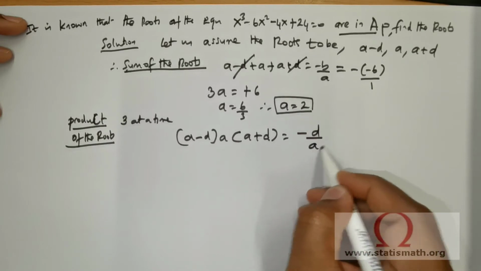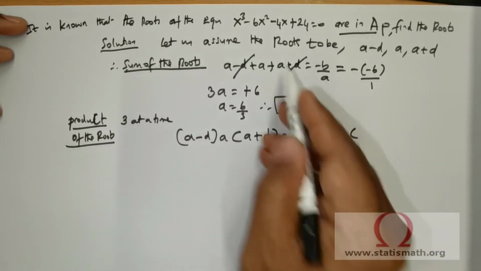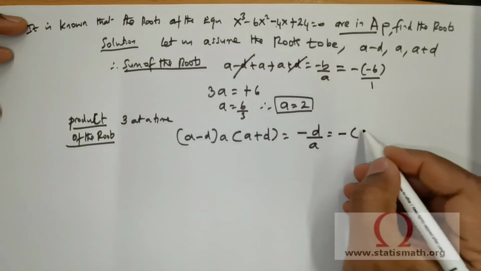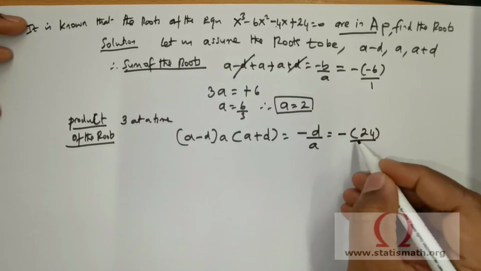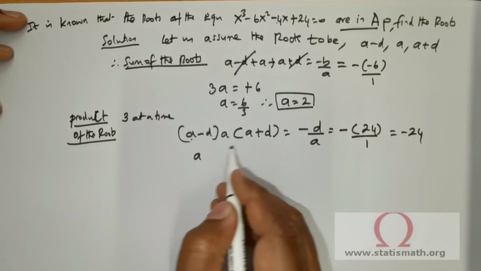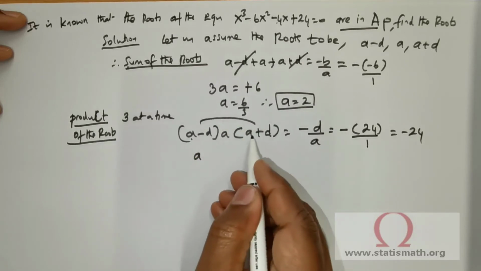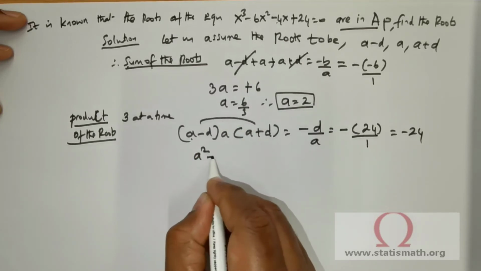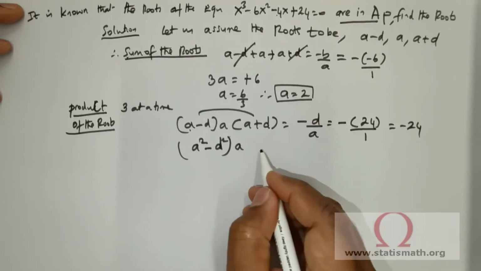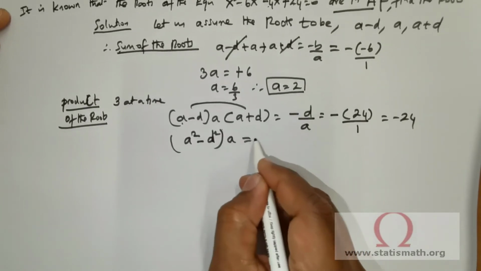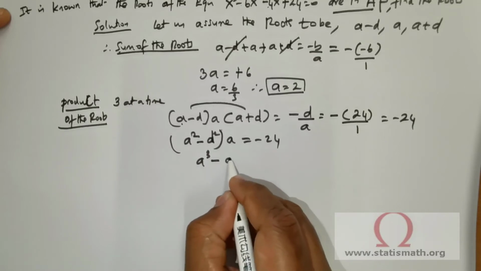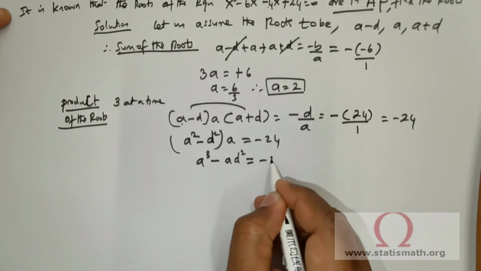This is going to be negative d over a, which is negative of 24 divided by 1. You have to multiply a minus d times a plus d first, so that's going to be a squared minus d squared multiplied with a. So this is going to be a to the power 3 minus a times d squared is equal to negative 24.